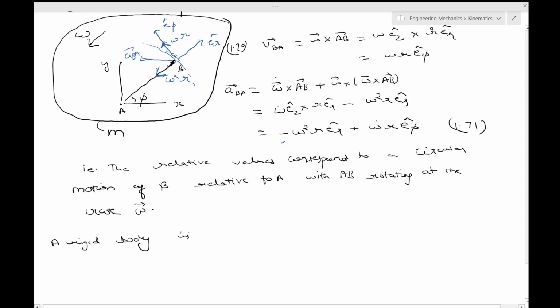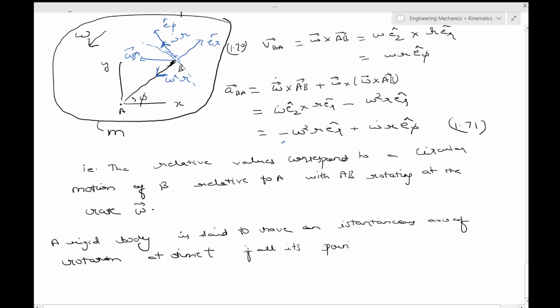A rigid body is said to have an instantaneous axis of rotation at time t if all its points, okay, now when we say point, it can mean either material points or points on rigid extension.